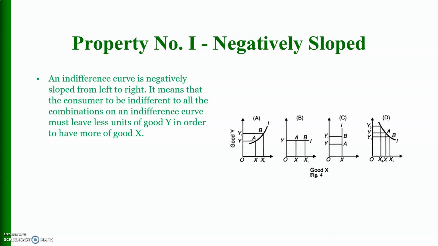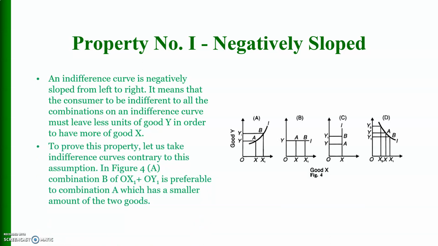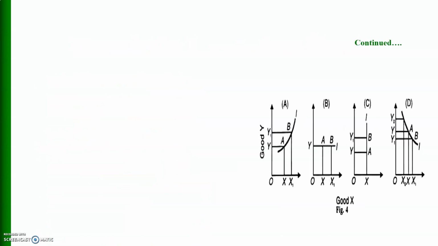Similarly, in panel B, B contains more of x, and in panel C, at combination B, the consumer has more of Y and the same amount of X. So the utility at B in panels B and C will be much higher than utility at combination A. So it is only panel D that represents the true indifference curve. You can see all the detail here.